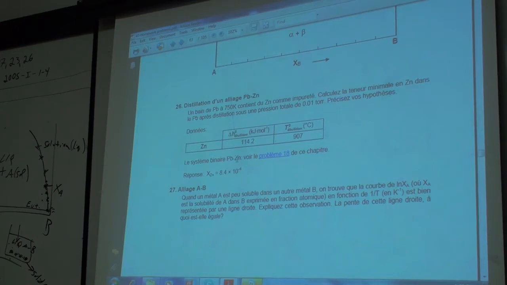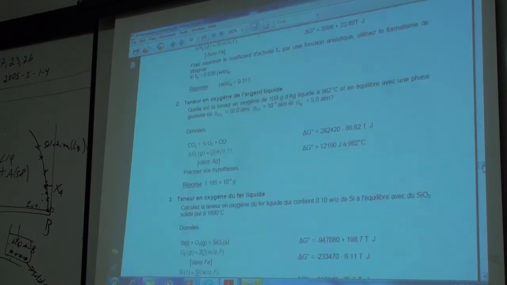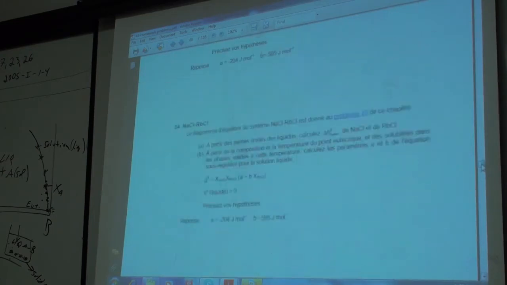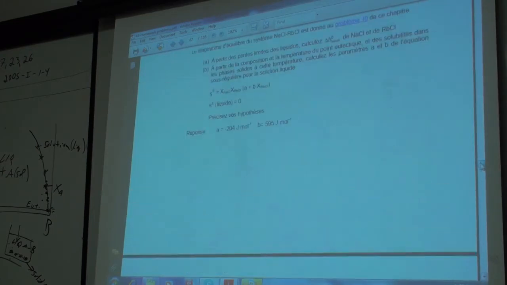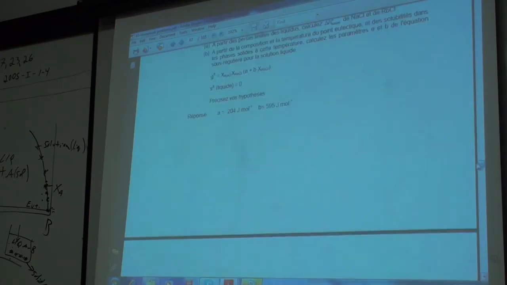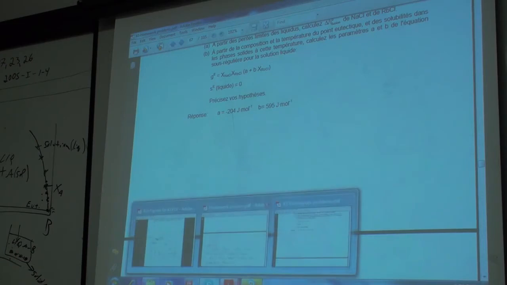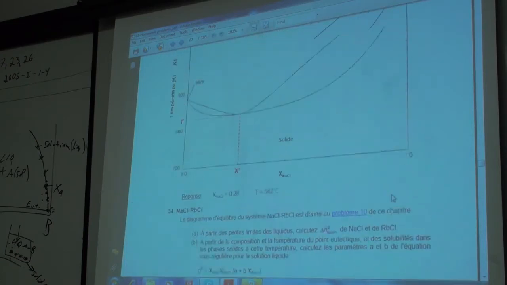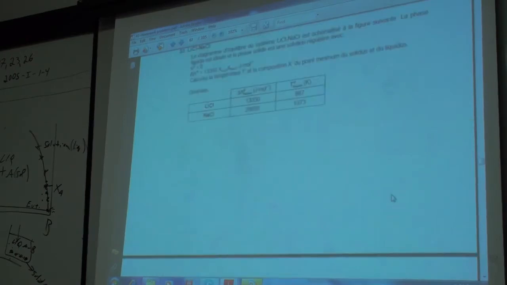Then you also need the phase diagram of the lead zinc system. Where's the phase diagram of the lead zinc system? Is it not there? Oh, that's the answer. It's on question number 18.